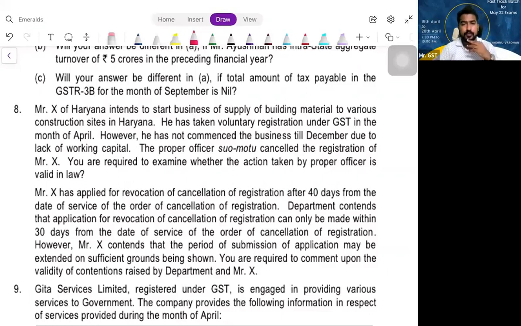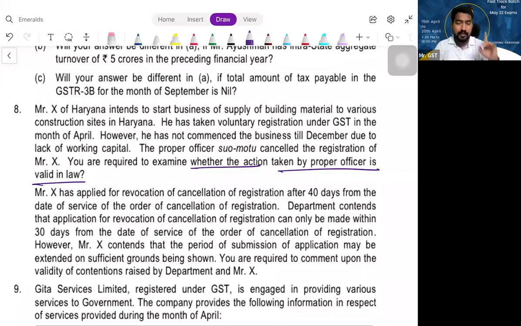Two. Two things you have to answer, right? Number one, whether the action taken by the proper officer is valid within law. Let us talk about this first.